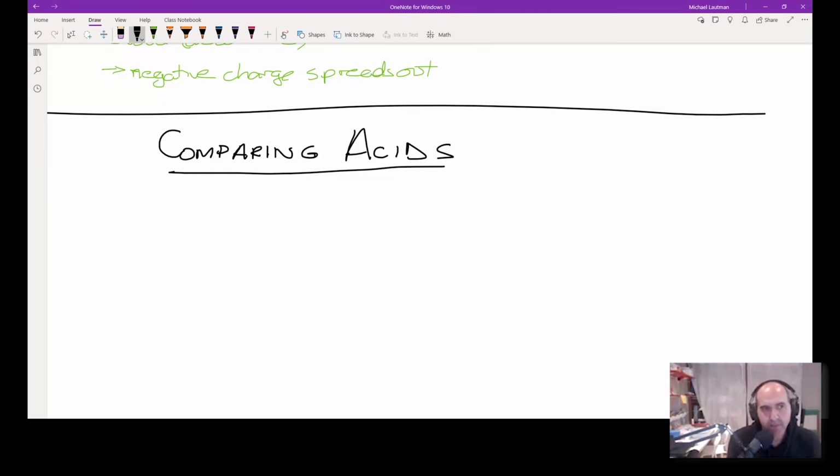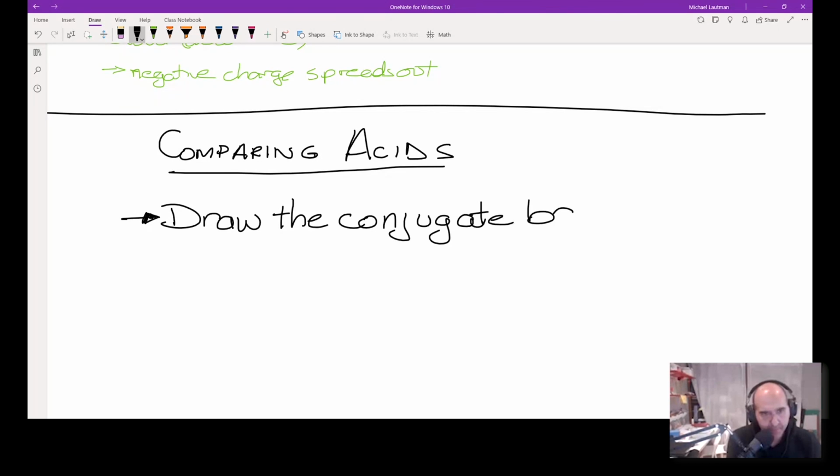I'm going to give you two or more acidic compounds, and I'm going to ask you to analyze them and say, how come this one is more acidic than that one? So the first thing that we're always going to do is draw the conjugate base. Always. This means remove the acidic hydrogen.